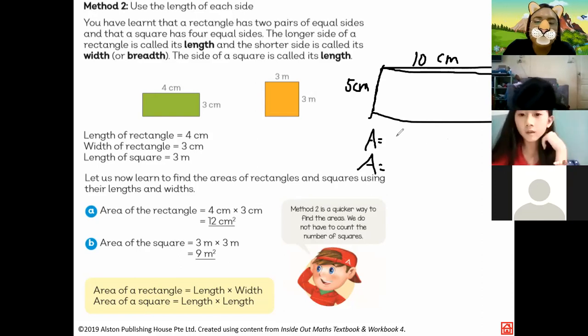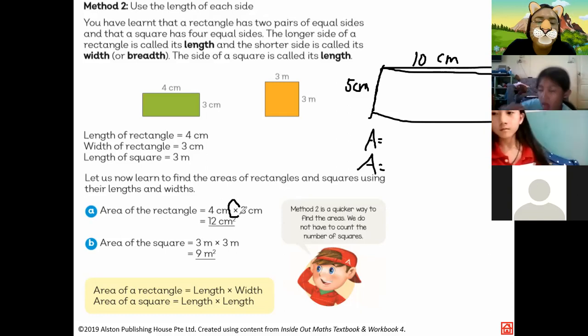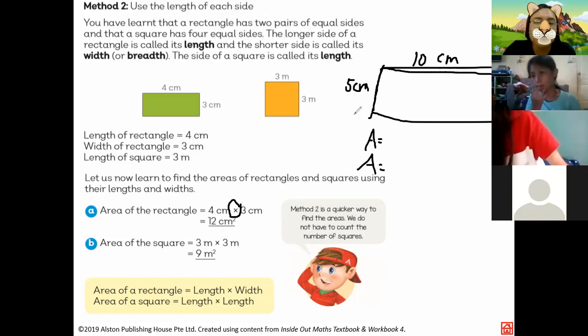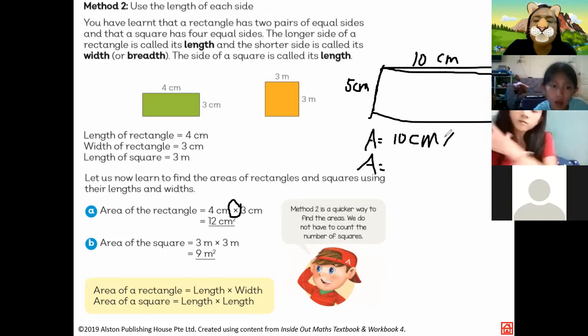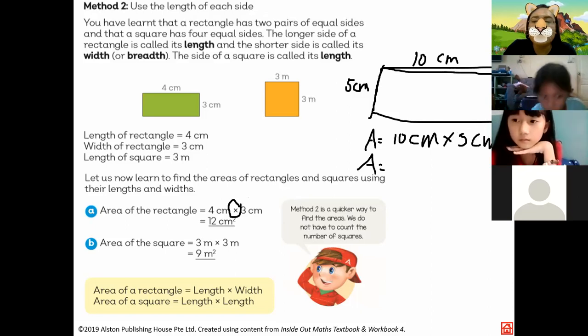Again, area. 15. No, class, you have to multiply, not plus. So that is 10 centimeters multiplied by 5 centimeters.